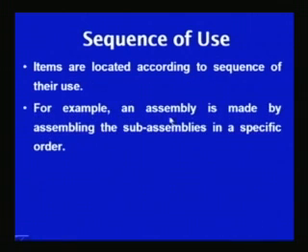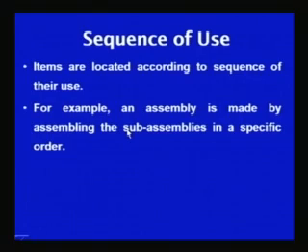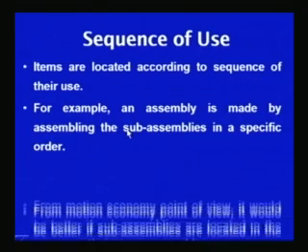For example, an assembly is made by assembling the sub-assemblies in a specific order. In the same way, if the control devices are to be used in sequence, then accordingly they may be located either from top to bottom or bottom to top, or left to right or right to left. So, based on the sequence of use, the control devices can be located.